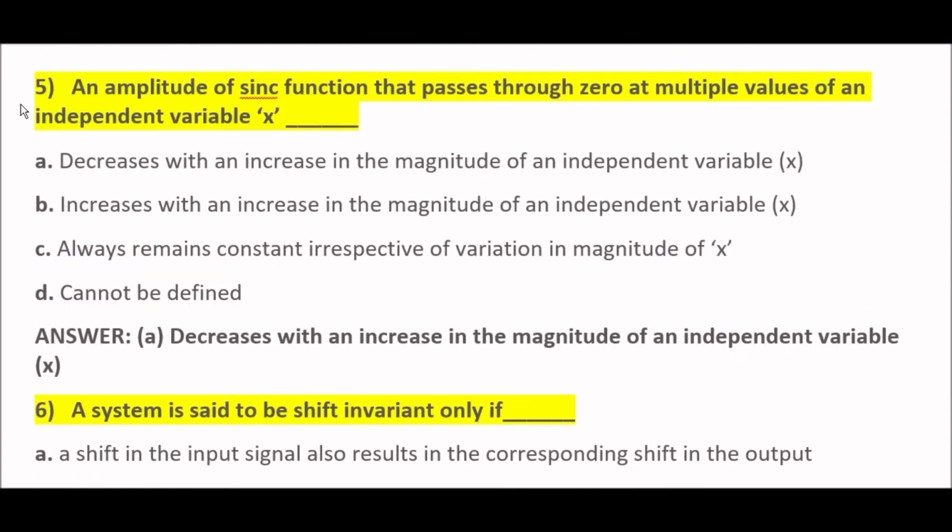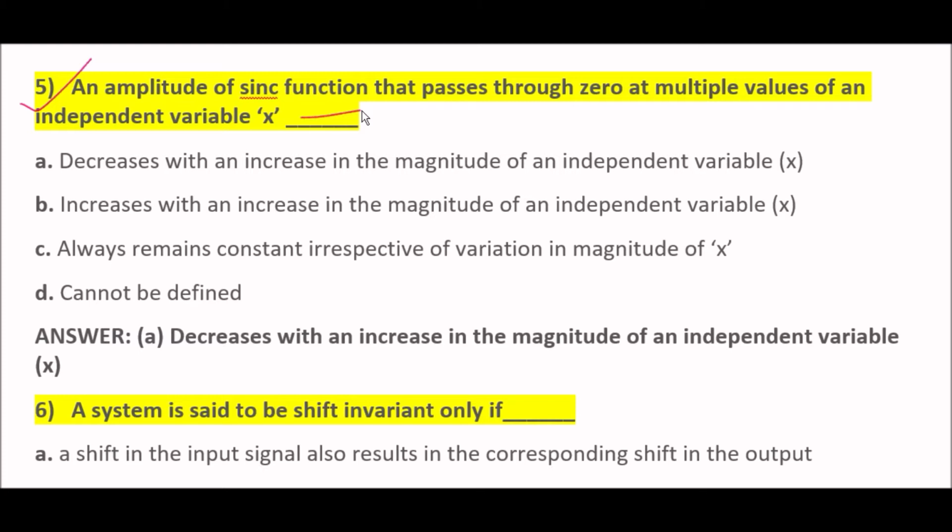Next question. An amplitude of sinc function that passes through 0 at multiple values of an independent variable x, blank. Option A, decreases with an increase in the magnitude of an independent variable x. Option B, increases with an increase in the magnitude of an independent variable x. Option C, always remains constant irrespective of variation in magnitude of x.